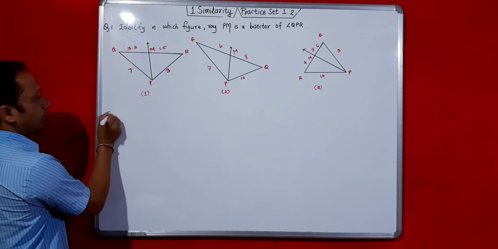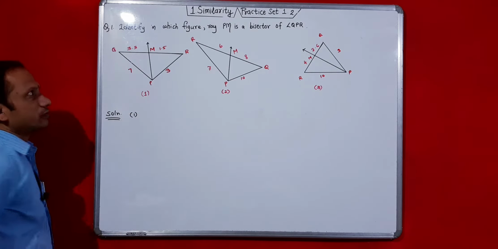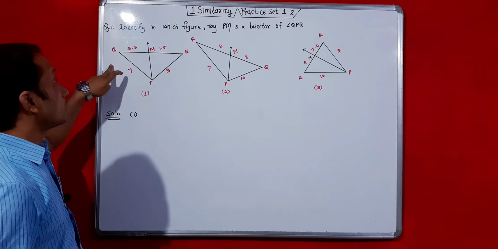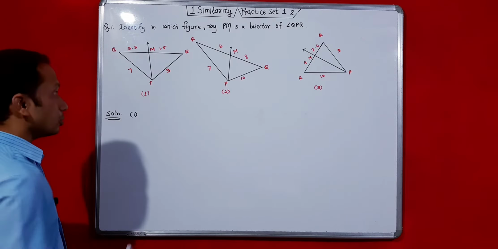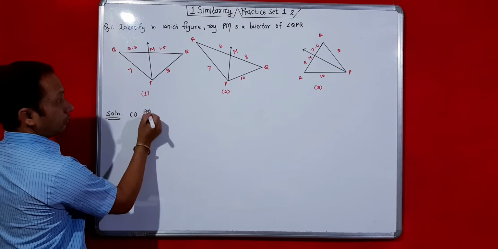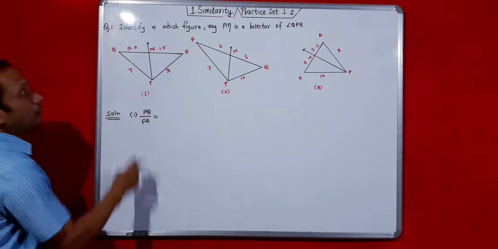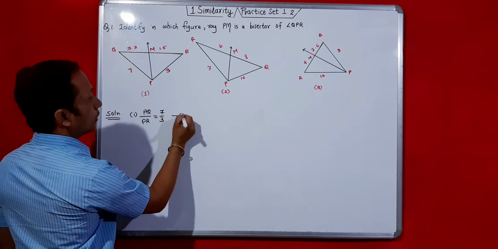Solution. For the first diagram, we have to select two sides, PQ upon PR. What is given? PQ upon PR is 7 upon 3. Suppose this is number 1.